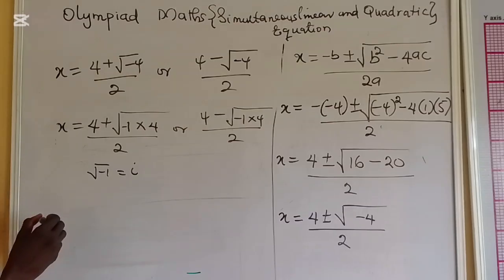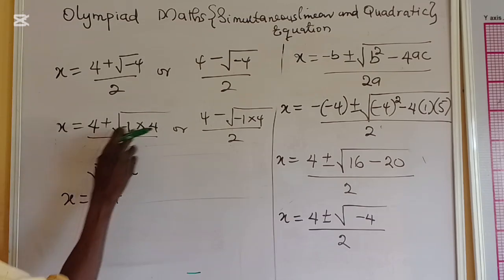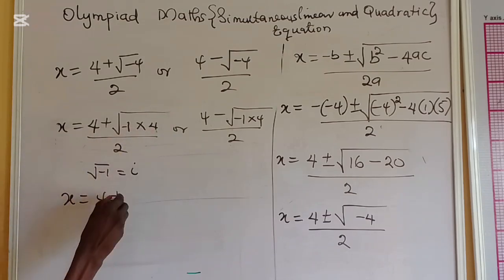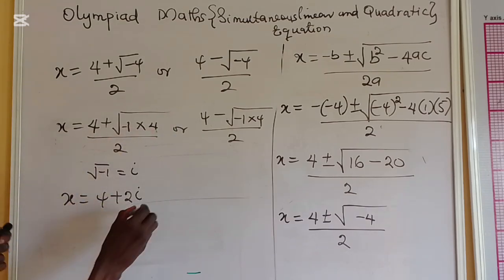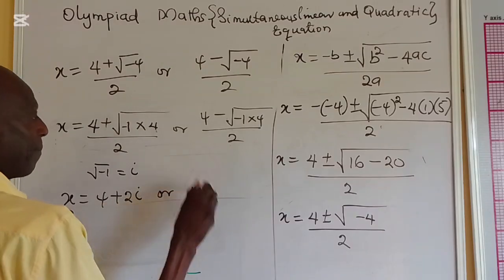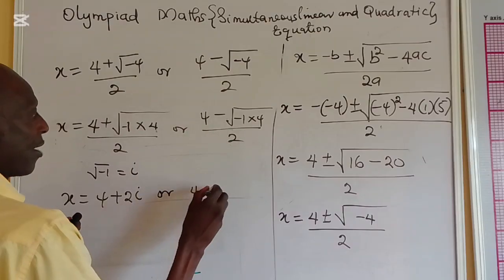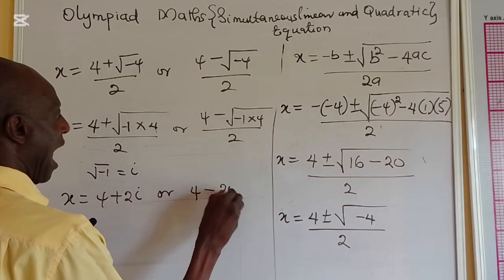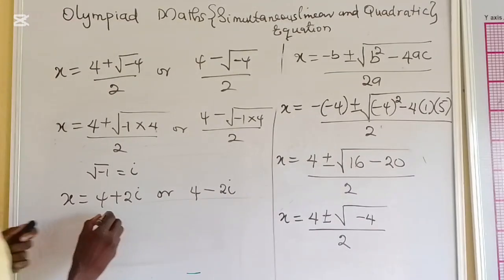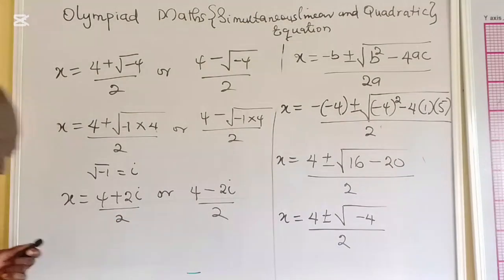Now, x is equal to 4 plus the square root of 4, which is 2, so here will give us 2i, or 4 minus, the square root of minus 1 is i, here will give us minus 2i, all over 2.